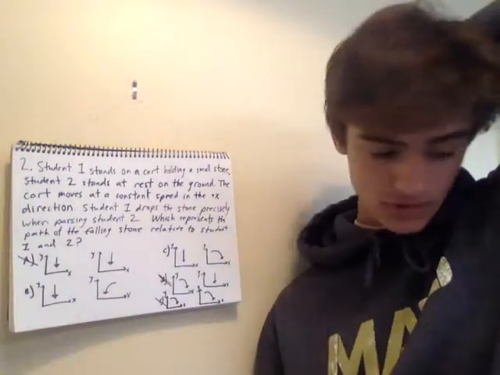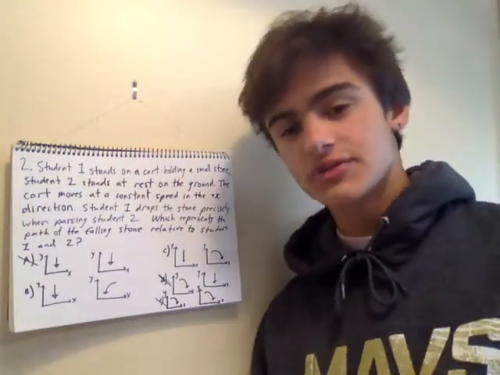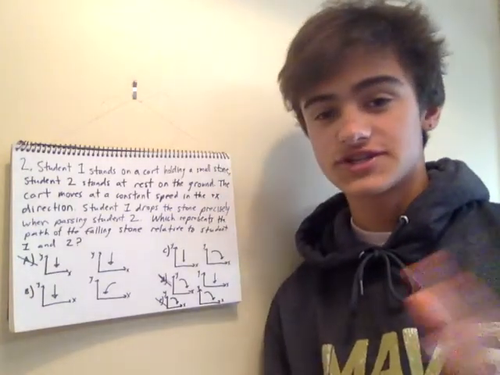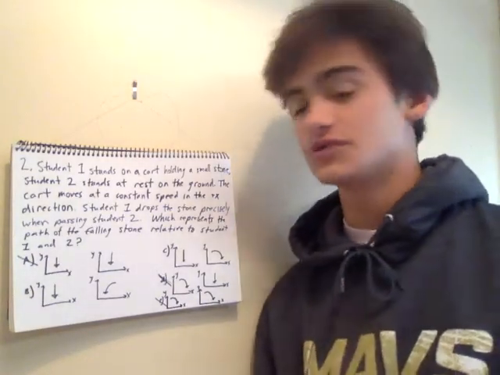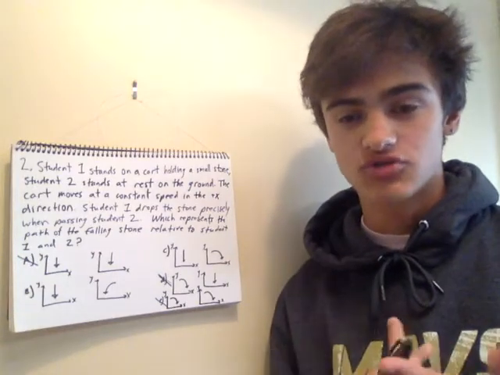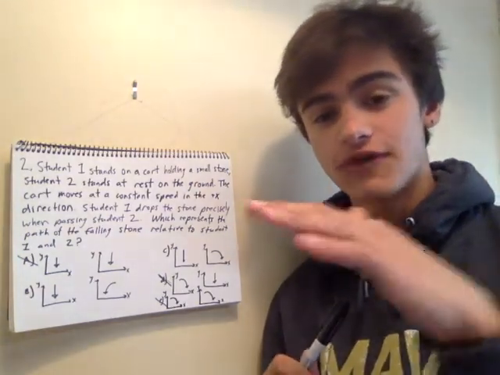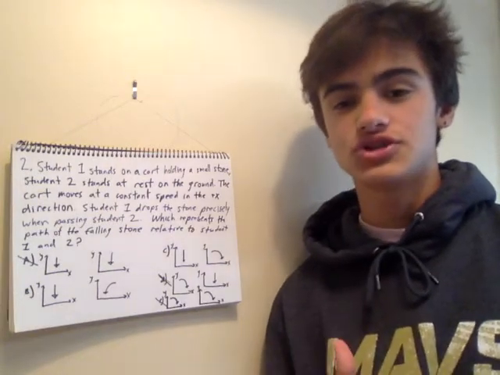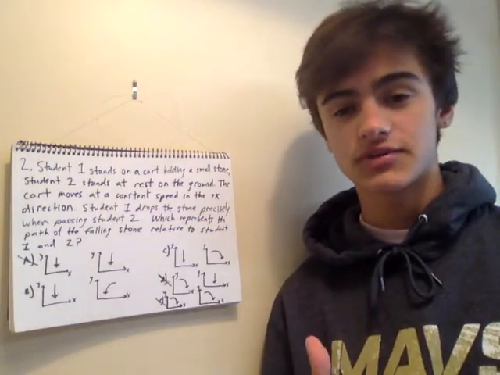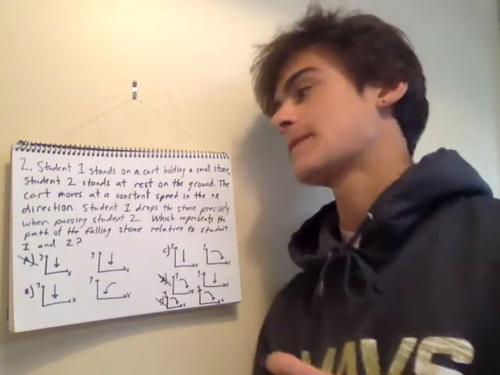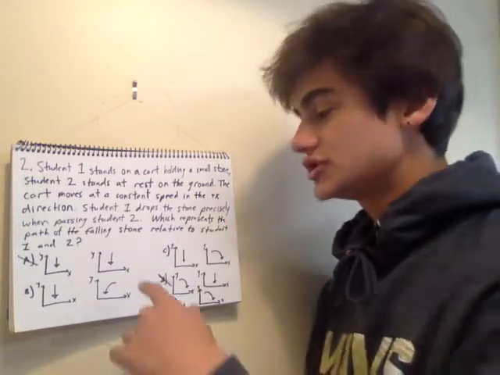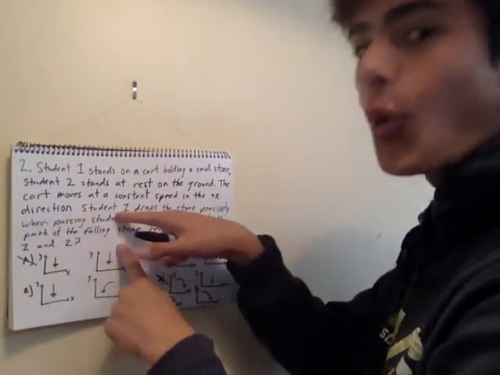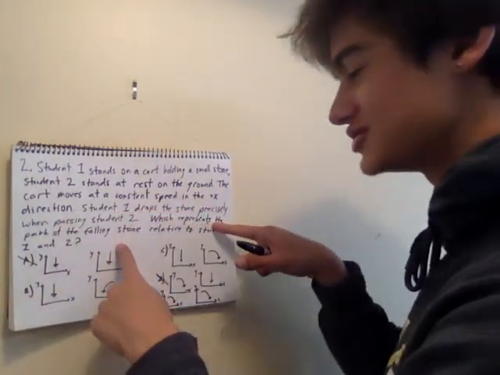So let's think about this in terms of how student 2 is viewing student 1, because we know that the rock is moving at the same forward x velocity as student 1. If we think about how student 2 is viewing student 1, we can think about how student 2 is viewing the rock. So student 2 is stationary. Student 1 is driving past student 2 on the cart.